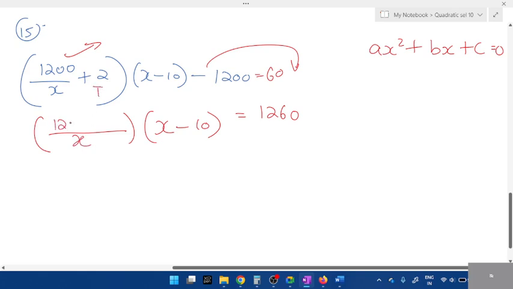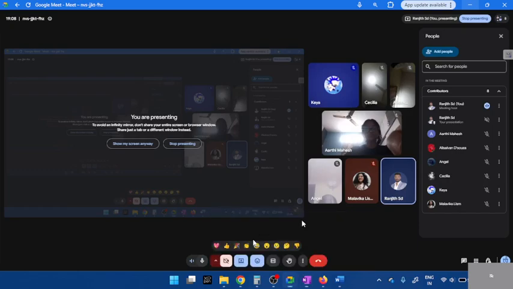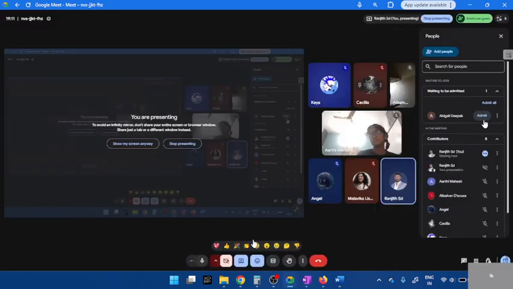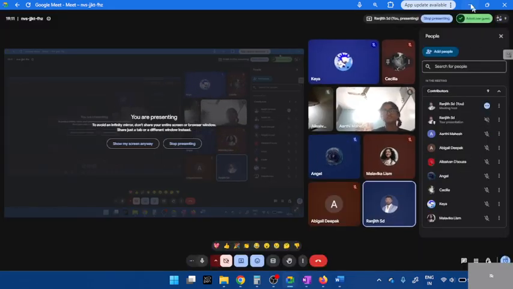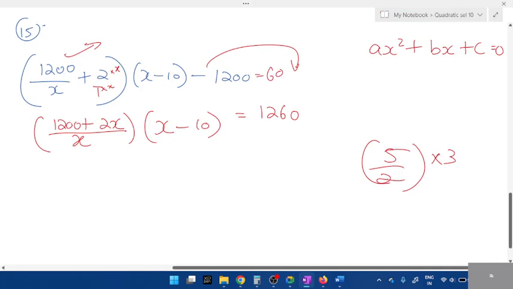x times 1200 plus. How many times you have to multiply? x into x. What do you get? 2x. Now, 5 divided by 2 into 3, students. Whenever there is multiplication, this 2 is common to both.